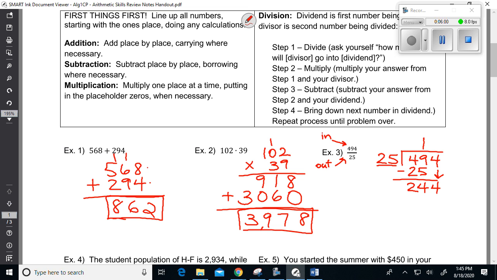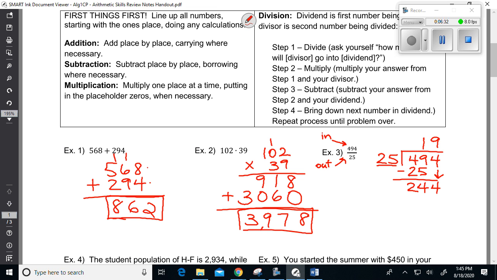Bring down your 4, and you keep going. 25 goes into 244. Let's see, 9 times. So somebody do 25 times 9. Tell me what it is. Hopefully you got a calculator sitting next to you.